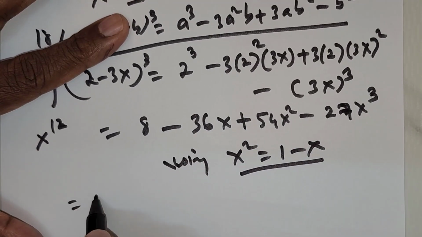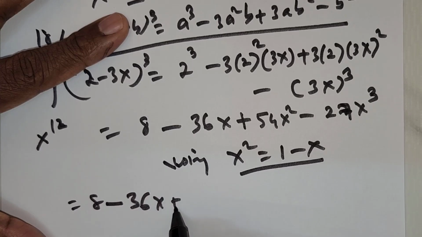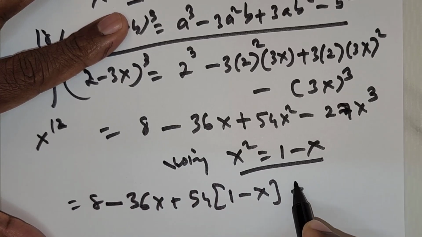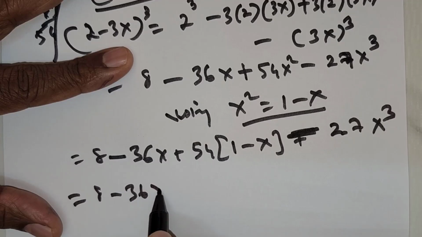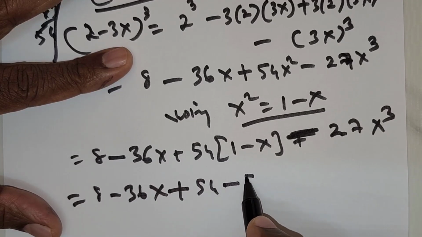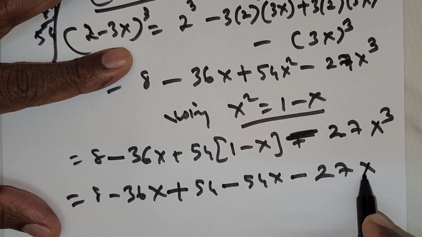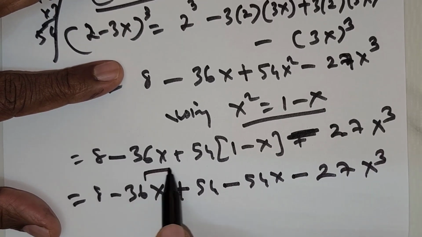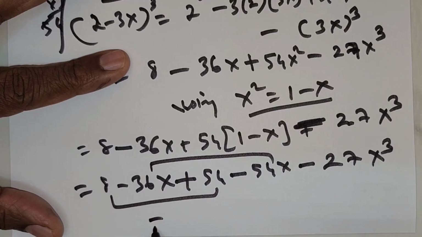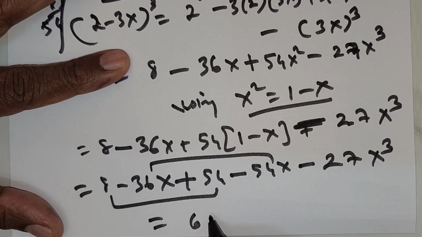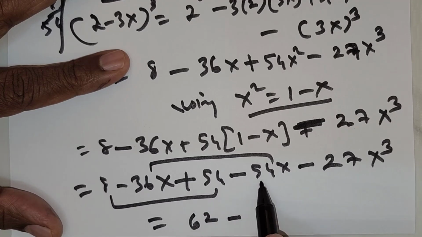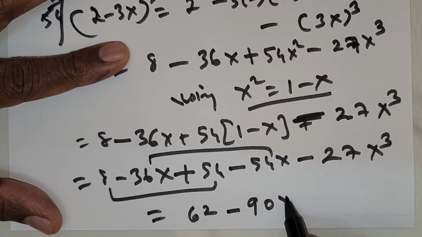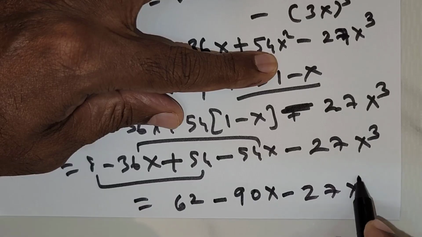We get 8 minus 36x plus 54 times (1 minus x) minus 27x cubed. That is 8 minus 36x plus 54 minus 54x minus 27x cubed. Now these two can be added and these two can be added. 8 and 54 give you 62. 36 and 54 give you 90, so negative 90x, and then you have minus 27x to the power of 3.